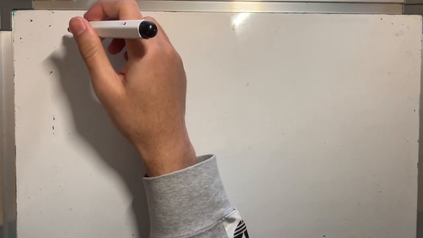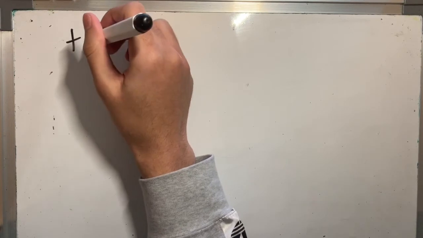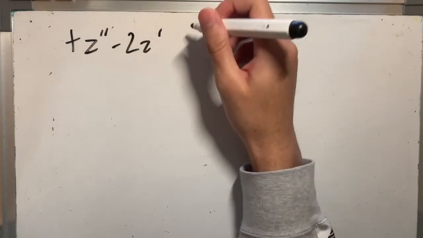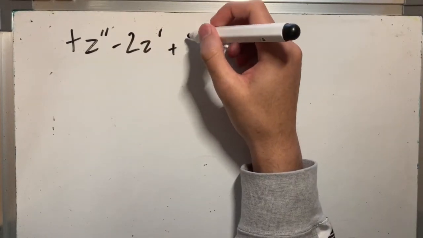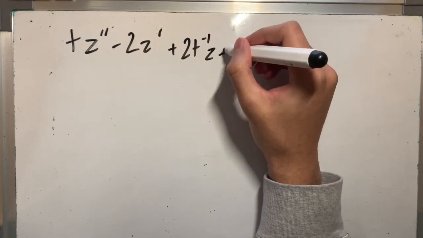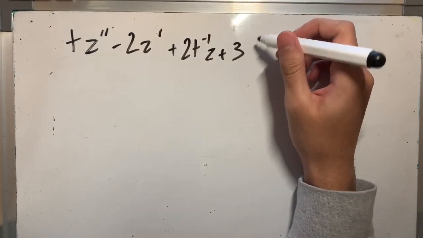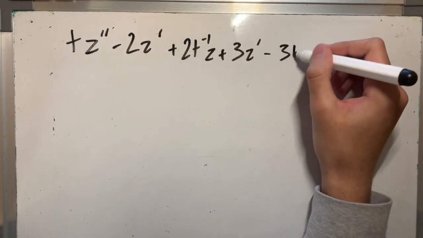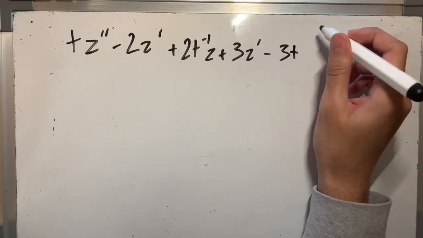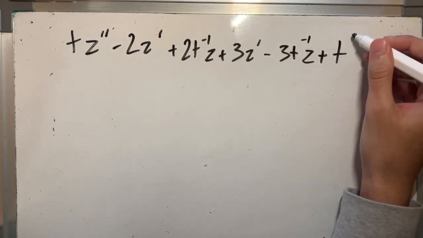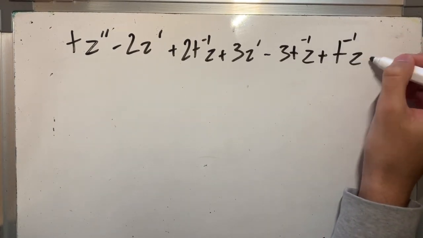So once we have that last equation, I'm going to simplify it further by multiplying out the t squared and all that. z double dash minus 2z dash plus 2t to the negative 1 z plus 3z dash minus 3t to the negative 1 z plus t to the negative 1 z is equal to 0.